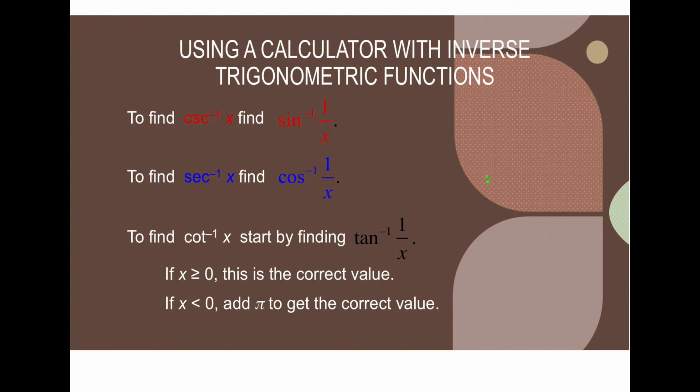But if we're using our calculator, you'll notice that above the sine, cosine, and tangent buttons, you see arc sine, arc cosine, and arc tan. So we hit second sine, and that'll give me the arc sine, second cosine gives me arc cosine, etc. Now, there are no arc cosecant, arc secant, or arc cotangent buttons.